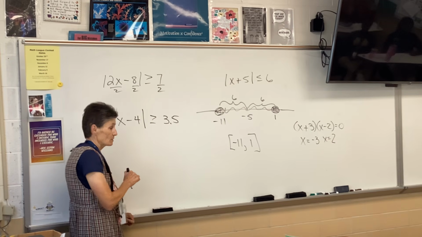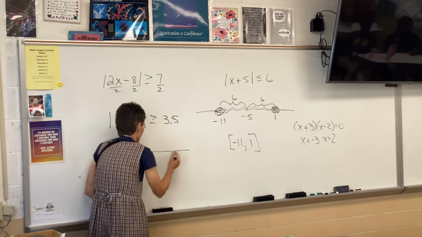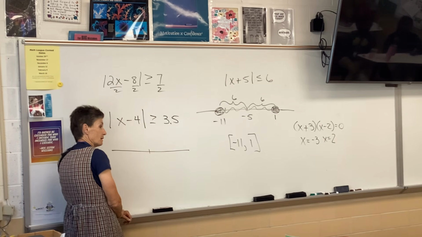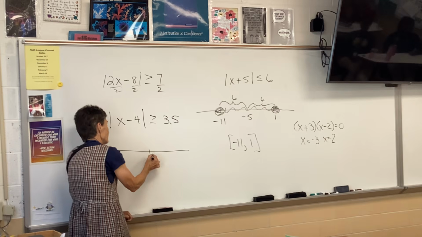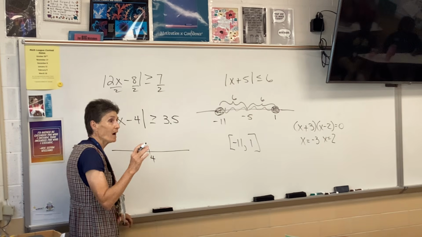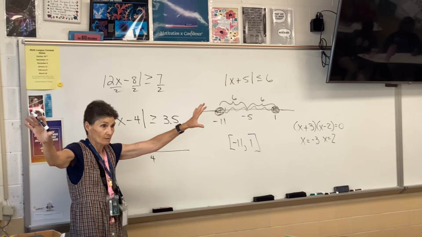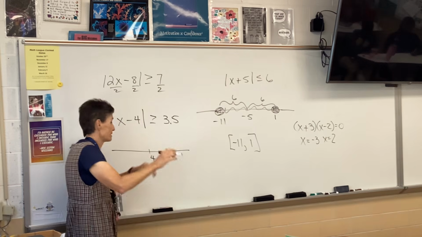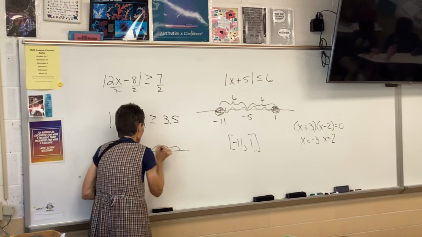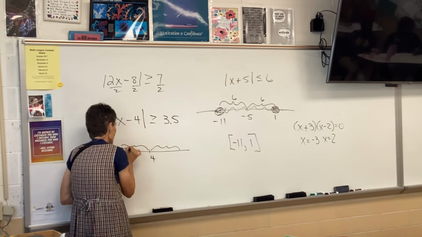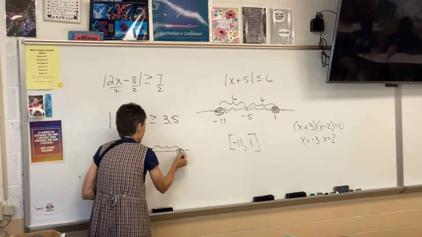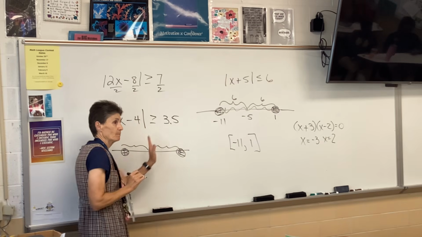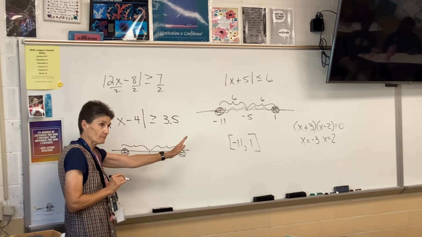Okay, so here's my number line. What's going to go right smack dab in the middle? Positive 4. Not a dot. The dots are out here. I get the dots by counting forward and backward. How much? 3.5.